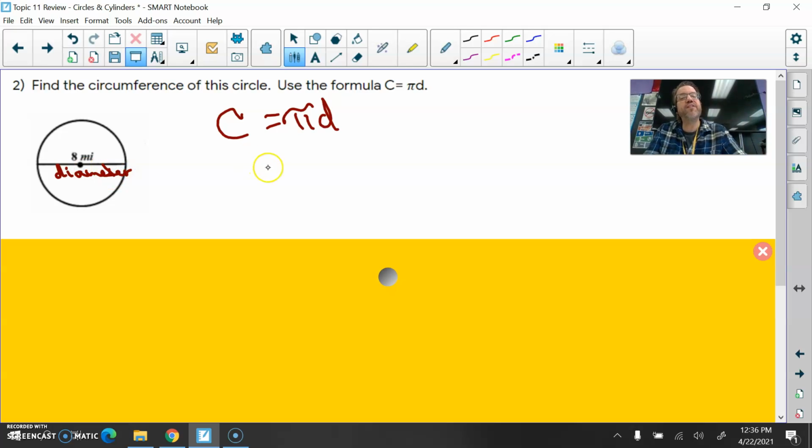Okay, so to find the circumference, we take pi, and always use 3.14 for pi, and then we'll multiply by the diameter d, which is 8. All right, and so you're going to need to have a calculator for the quiz tomorrow. Here I have my calculator, and I'm going to go 3.14 times 8, and that equals 25.12.